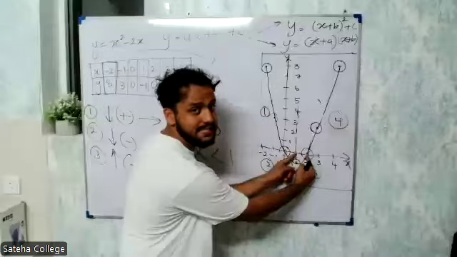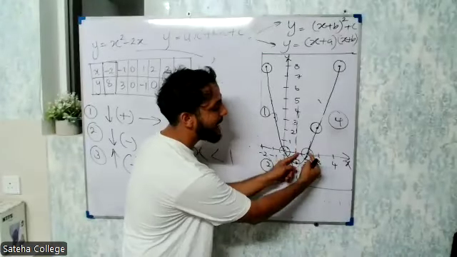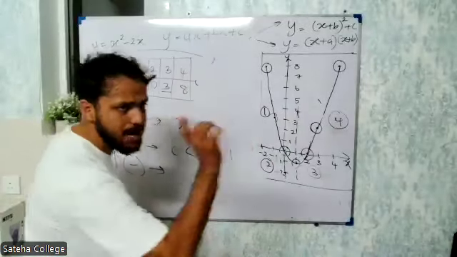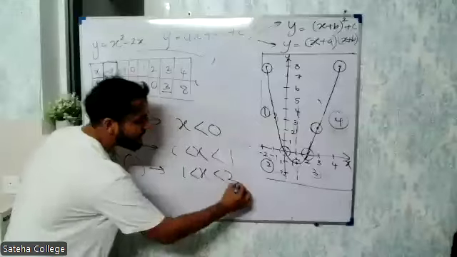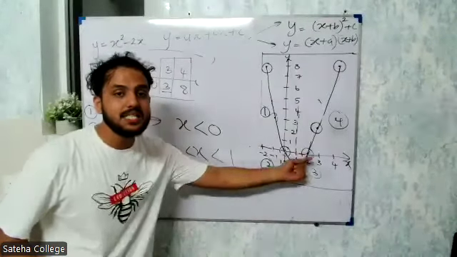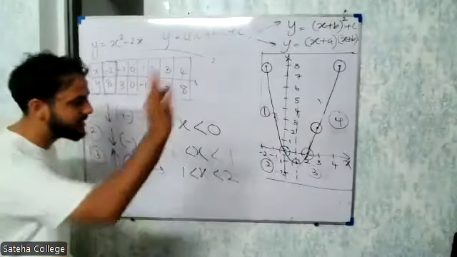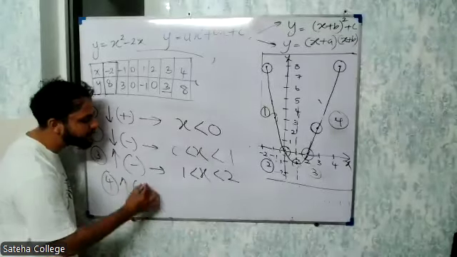From here to here is the x values. Whatever the x value is more than 1 and less than 2, in this range, the graph will increase and be negative.